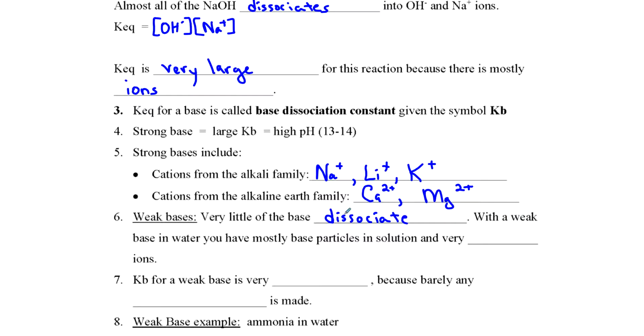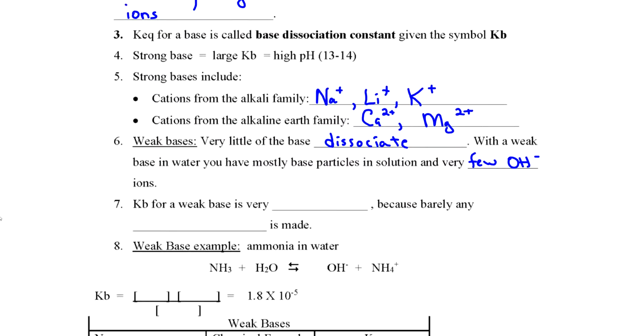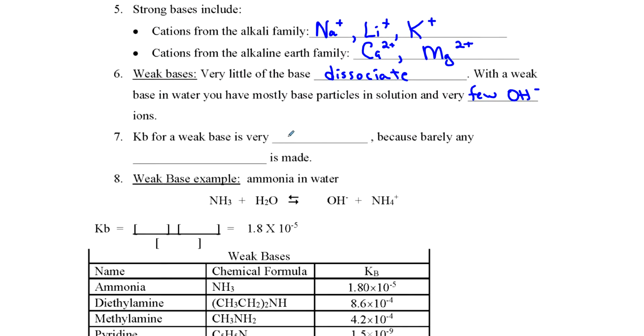Okay, so with a weak base in water, you have mostly base particles in solution with very few OH negative ions. So Kb for a weak base is very low because barely any hydroxide ions are made. So let's look at a weak base example, ammonia in water.